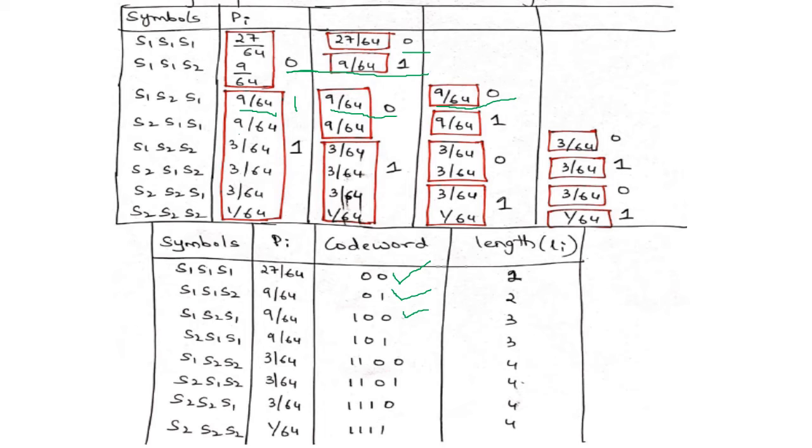Similarly, for the fourth element 9 by 64, in the first stage code word is 1, second stage code word is 0, third stage code word is 1. So 101. For 3 by 64, first stage code word is 1, second stage code word is 1, third stage is 0, fourth stage is 0. So the code word is 1100.